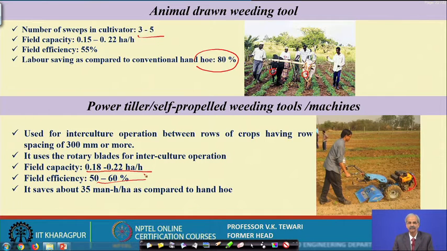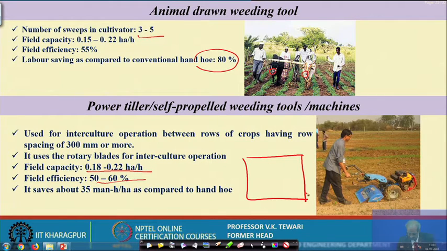There are many losses in that. The first one is that we work between the rows, but we do not work in the rows. So, in the rows we are losing. That is why we can't say that the field efficiency is more than 90% or so, because some of the weeds are left.